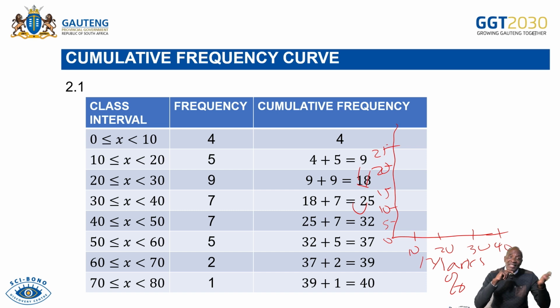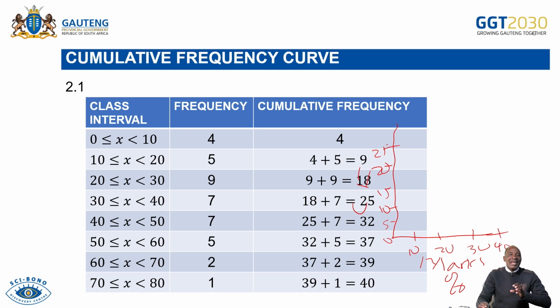There is a 20 as a lower, there is a 20 as an upper. And when you look at the whole table, you can match and pair up numbers here. As you draw your cumulative frequency curve, you focus on the upper boundaries.